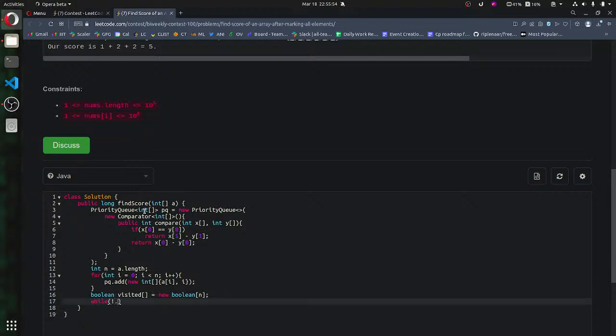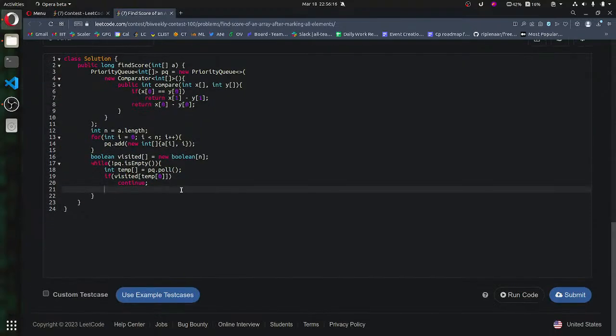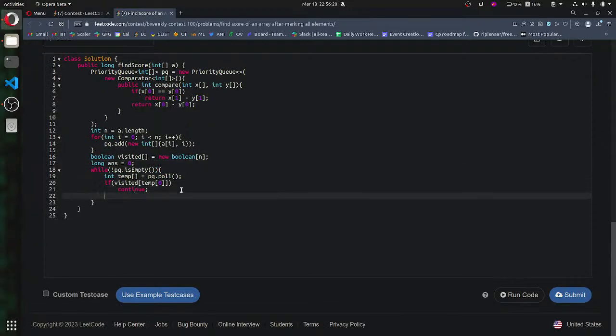So while pq is not empty, here we have int temp equal to pq dot poll, and if visited of temp 1 we can continue, otherwise say our long answer is waiting here, and we will be adding this to here.